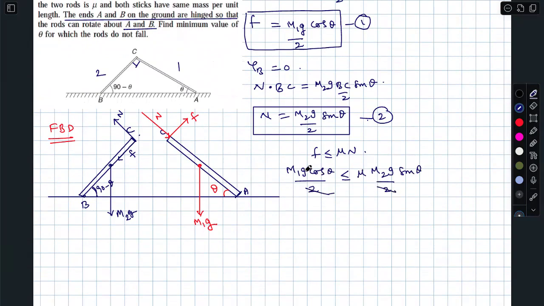Right. Another thing: can anyone tell me what m1 by m2 is proportional to? Cot theta is less than or equal to mu m2 by m1.